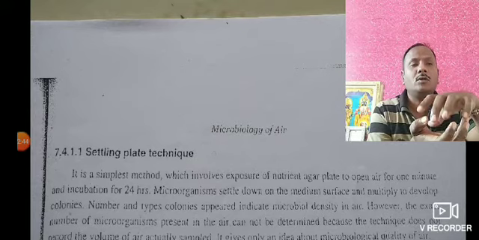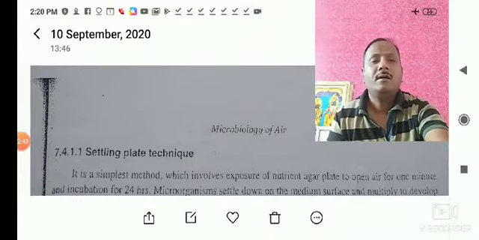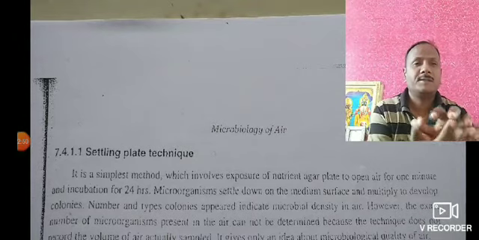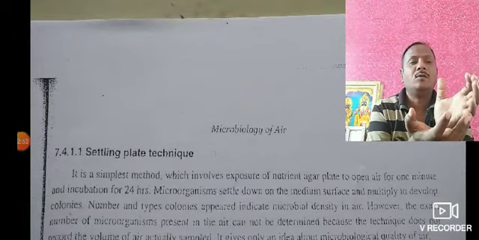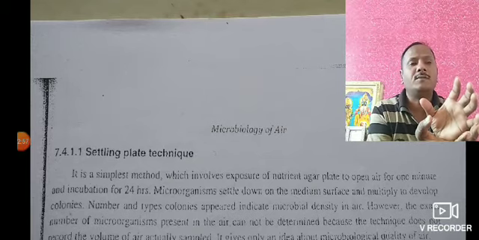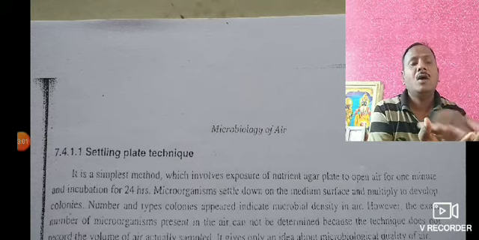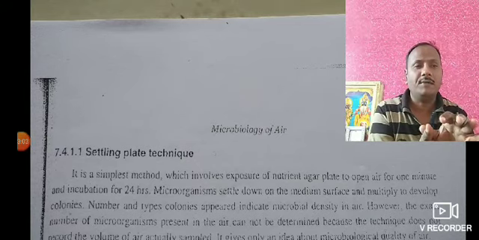You have to open the lid of that plate to the open air for 2 to 5 minutes. During this time, the microorganisms present in the air of the environment settle on the surface of the agar medium.